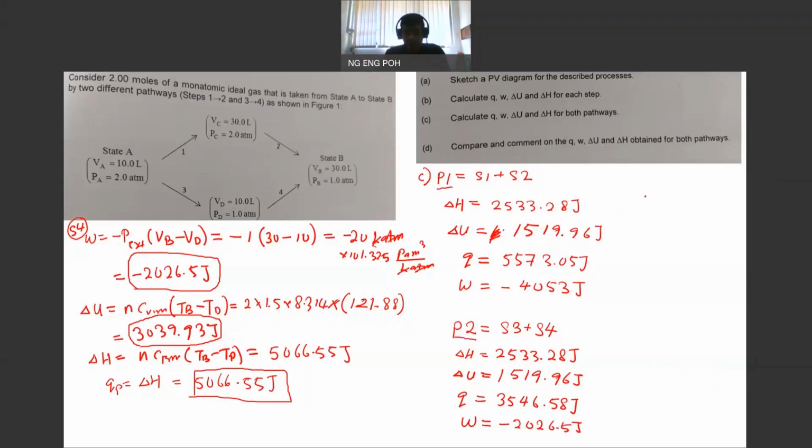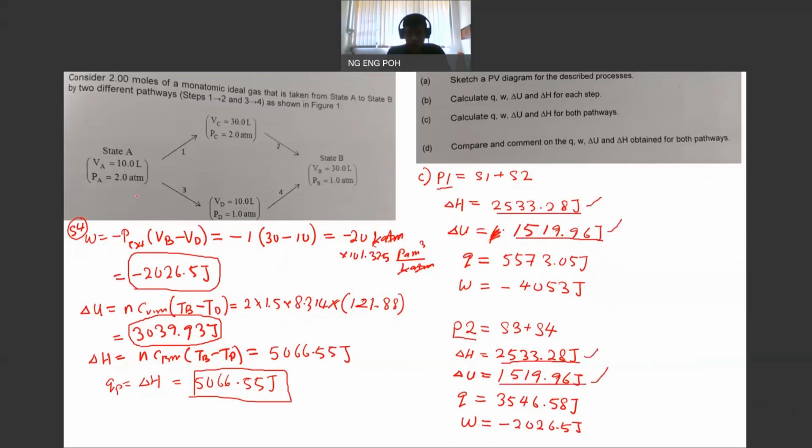You can see delta H for pathway 1 and pathway 2 are similar. Delta H is 2533.28 here, also 2533.28. Delta U 1519.96 here, also 1519.96. So what does it mean here?